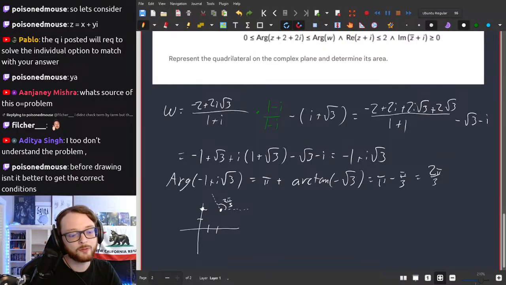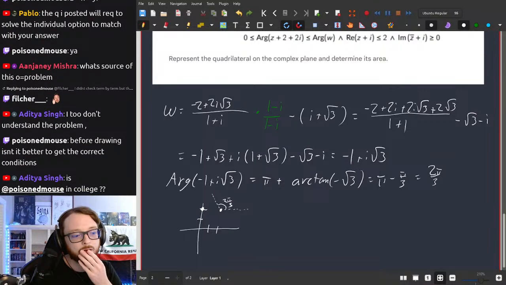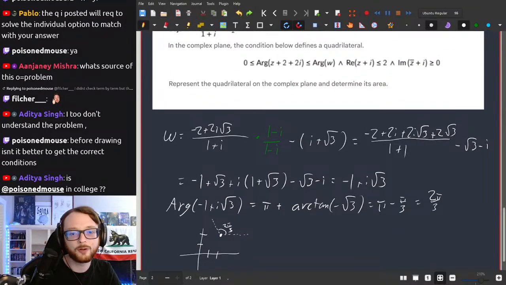The real part of z plus i means x is just less than 2. Isn't that just everything there? The plus i part does nothing in this condition, I don't think.